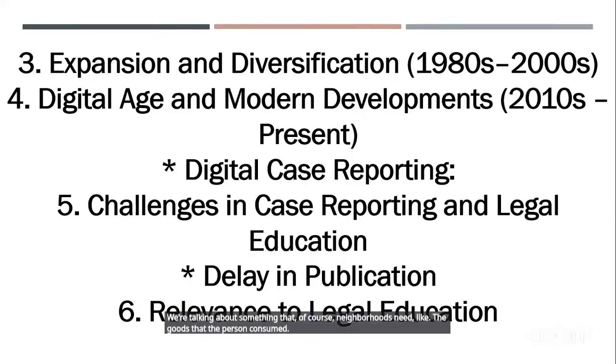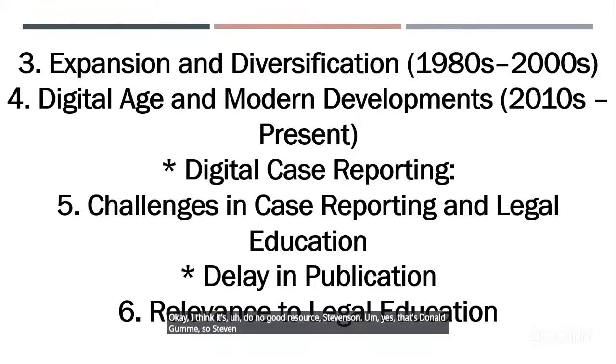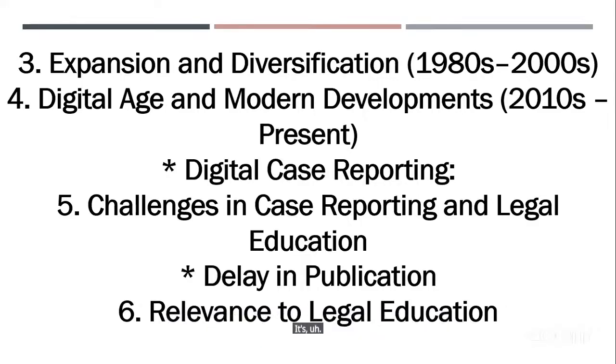It has formed like a neighbor. So what case is that, sir? If you can go and do more research. Okay, I think it's Donoghue versus Stevenson. Yes, that's Donoghue versus Stevenson. It's one of the foreign cases that was reported in 1932.